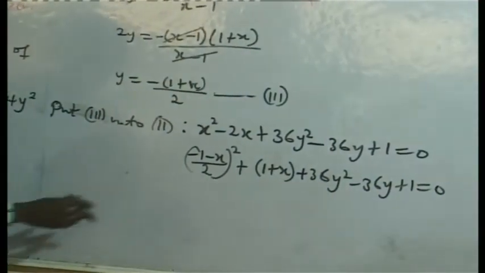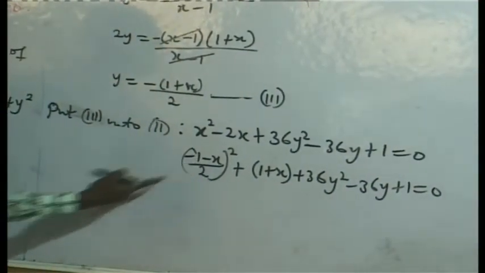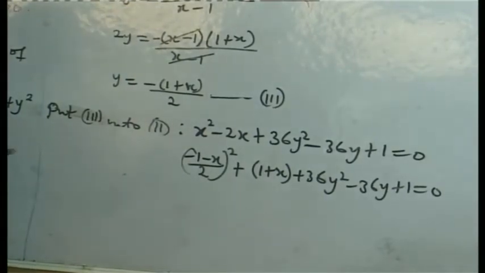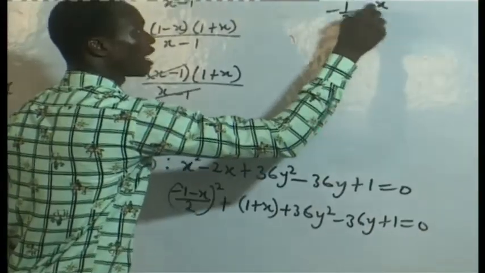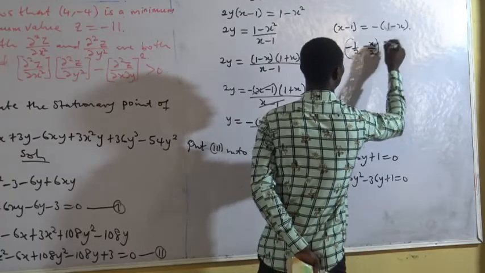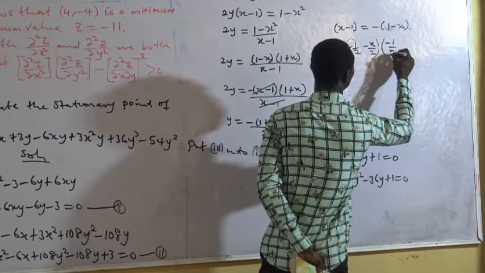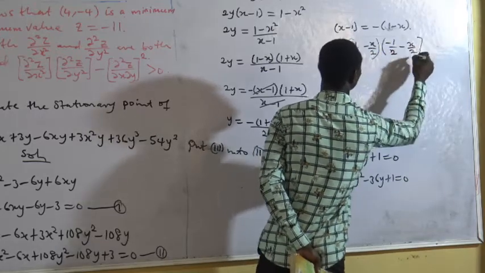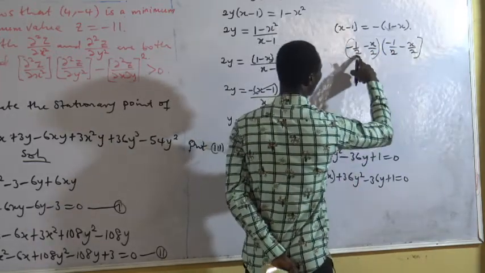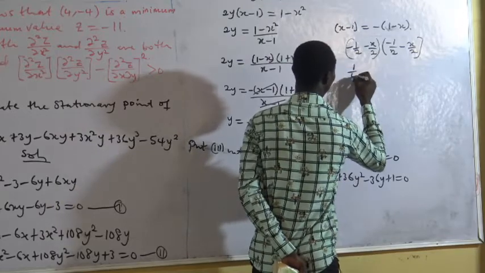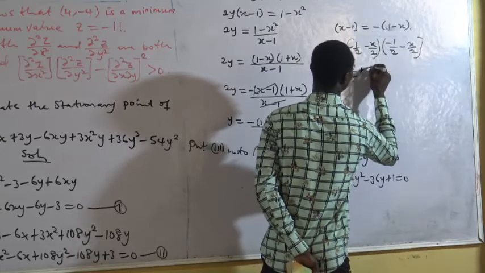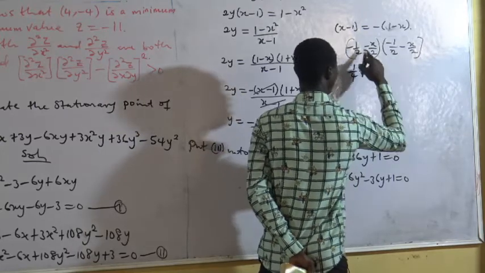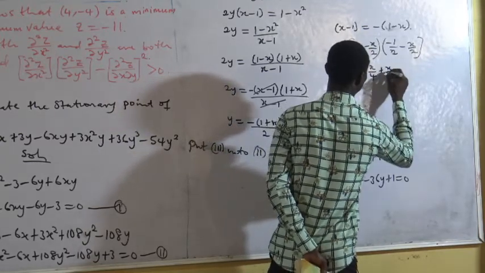If I square this, it means I want to multiply this one twice. The meaning is this: minus 1 over 2 minus x over 2, times minus 1 over 2 minus x over 2. If I multiply this one, you get 1 over 4. This one will multiply this, I'll get plus x over 4. This one will multiply this, I'll get plus x over 4.